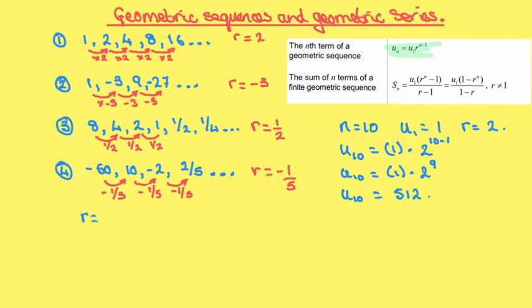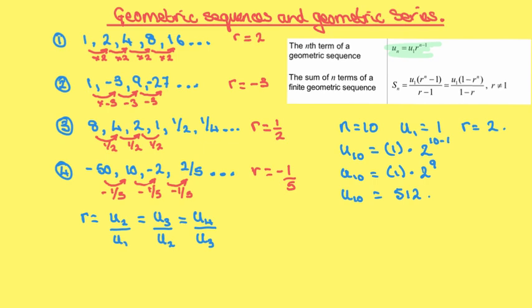On many occasions you will have to find r. So r is equal to u2 divided by u1, which is also equal to u3 divided by u2, which is also equal to u4 divided by u3.